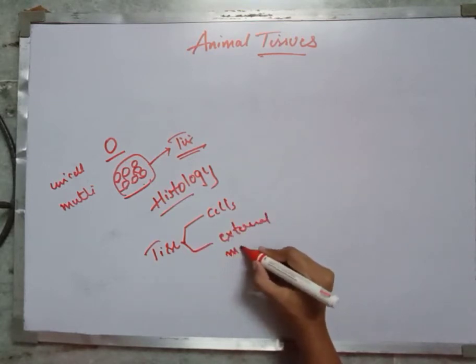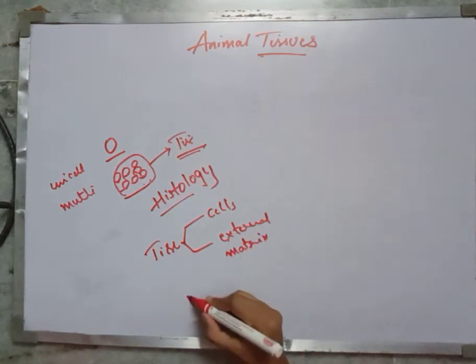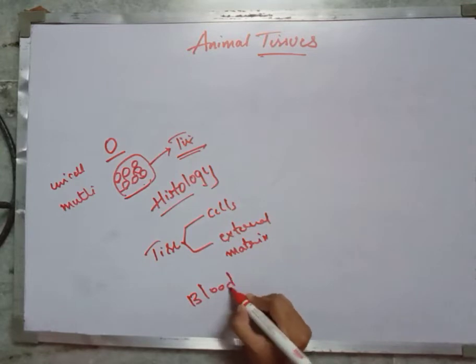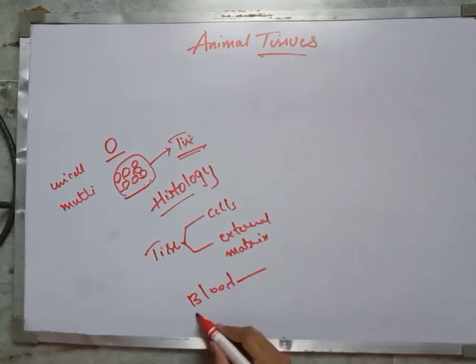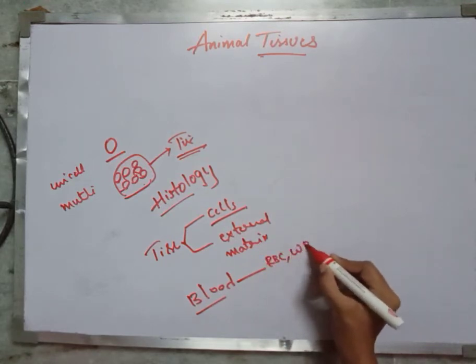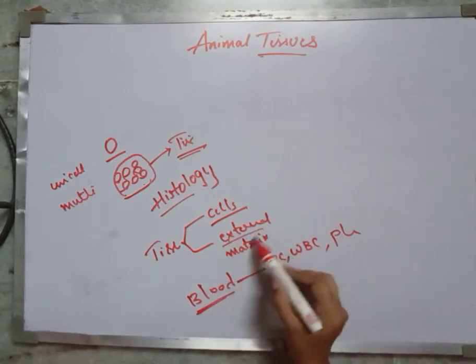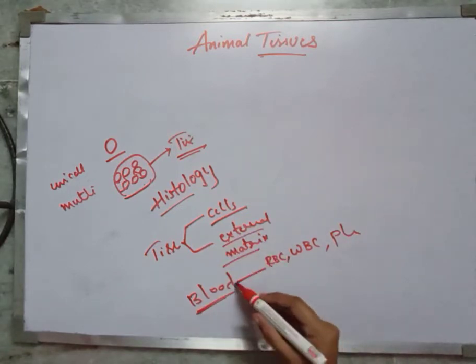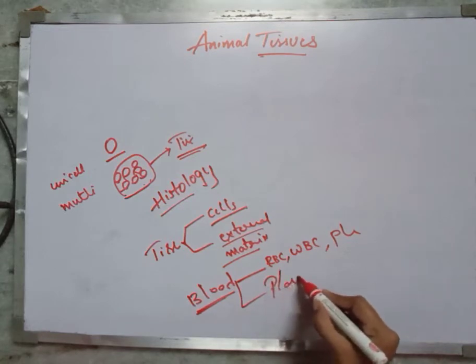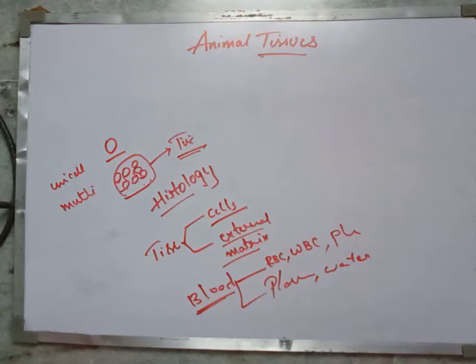If we take blood as an example, blood is called a fluid connective tissue. Blood contains cells such as RBC, WBC and platelets, whereas the external matrix of blood tissue constitutes the plasma and the water. So this is about the tissue and its composition.